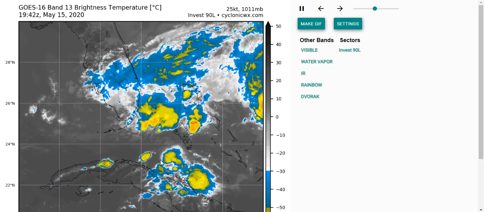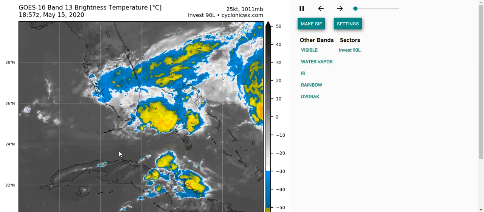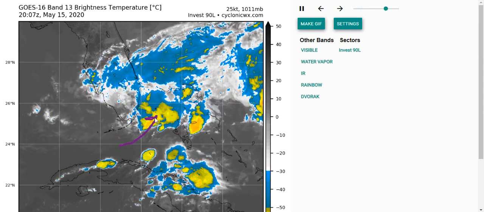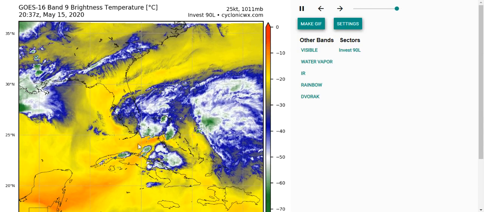Let's take a look at the infrared imagery. There is convection here, and after being in the Florida Straits since yesterday evening, has since moved northeast due to that shortwave trough that I mentioned earlier. And here is a visual of that upper level trough.